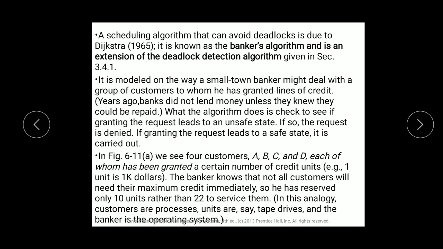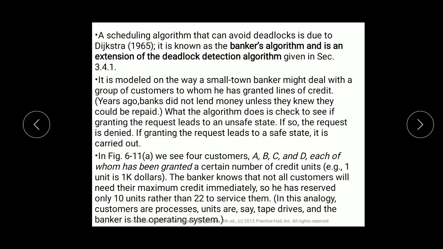The banker knows that all the customers need their maximum. If I say 10, I will use 10 obviously. So the system is telling me I don't have 10, I have only 8, so you talk according to 8. Each person gets 2 units, which keeps it in the safe zone, so that in future if it is required, it can be taken out.